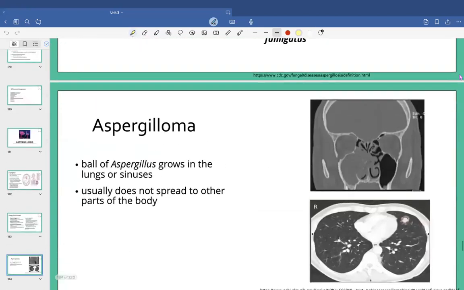On the sinus picture, you can see here, this would be typically your normal black air in that left sinus. Over here, you can see it's completely filled.